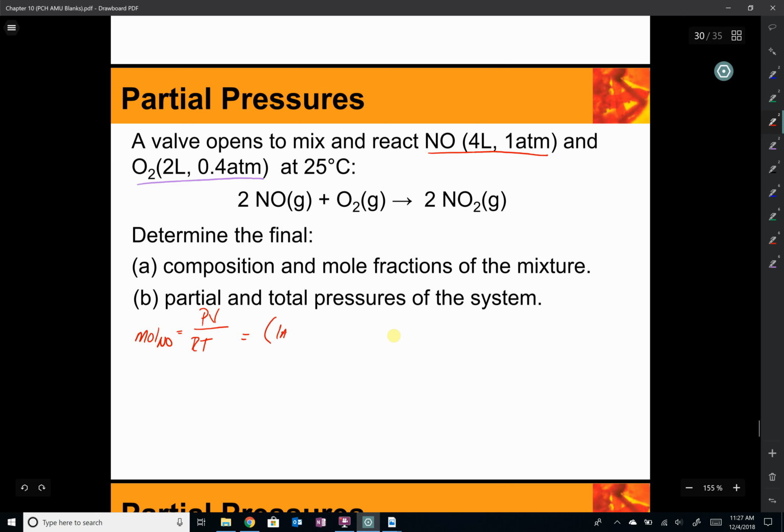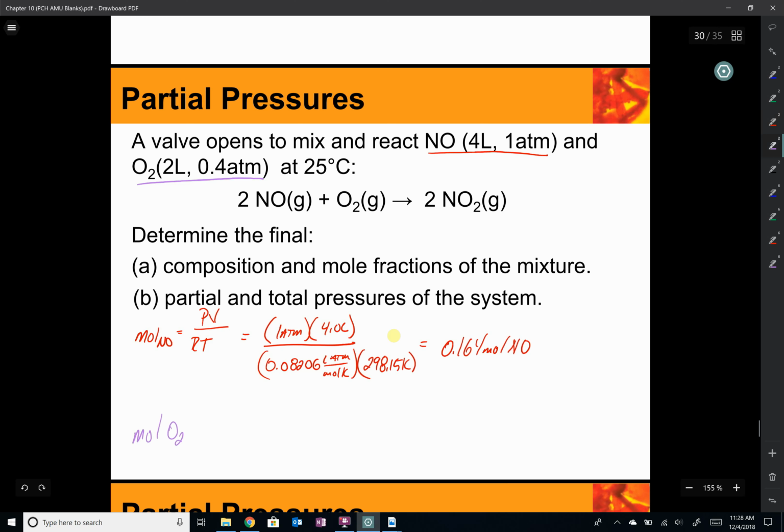I have 1 atmosphere, I have a volume of 4 liters, 0.08206 liters atmospheres per mole Kelvin. And my temperature is 25 Celsius, so 298.15 K. So I am given 0.164 moles of nitrogen monoxide. Okay.